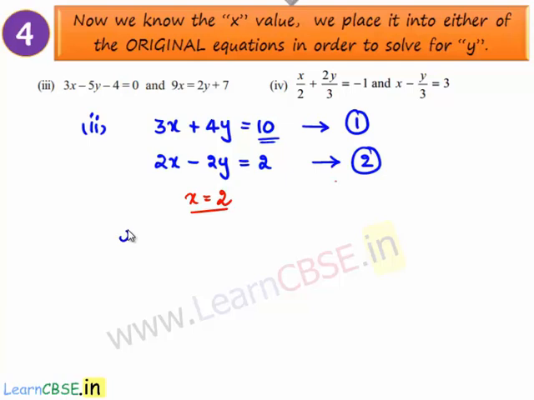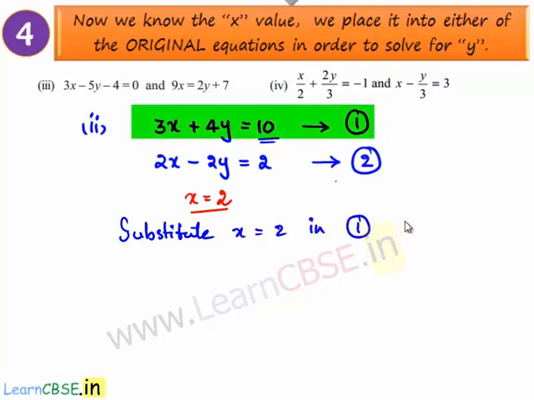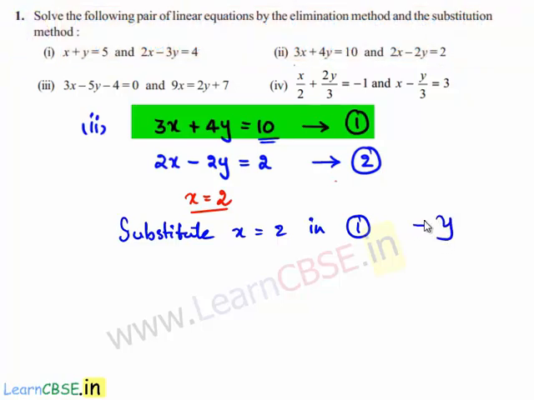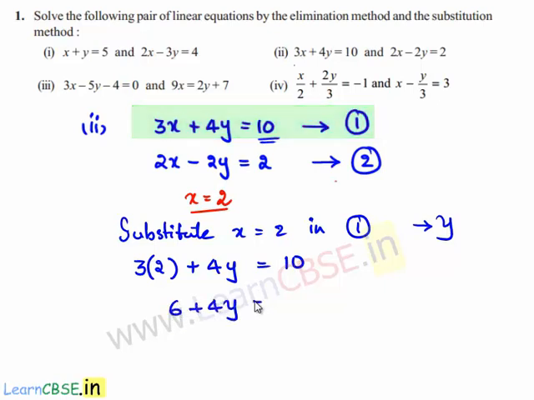Now substitute x is equal to 2 in equation number 1 so as to obtain the value of y. That becomes 3 times x, which is nothing but 2, plus 4y is equal to 10. So 3 times 2 is 6, plus 4y is equal to 10.